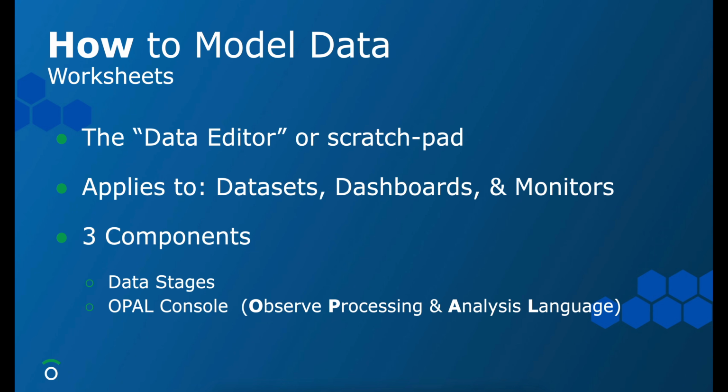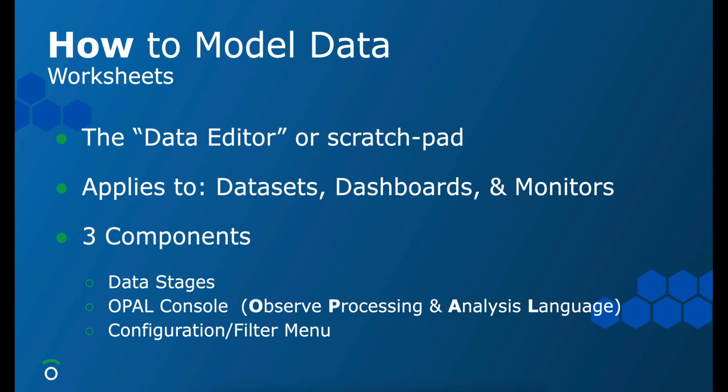Very similar to PromQL or other similar query languages out there, Opal is an abstraction over SQL, which makes it tremendously easier to model and query time-dependent data. And so the Opal console will be our editor for writing and editing Opal that actually transforms and filters that data. And then finally, we'll see there's a right-hand menu where we can apply further configuration to the data we're modeling, or a filter menu to help quickly filter on columns.